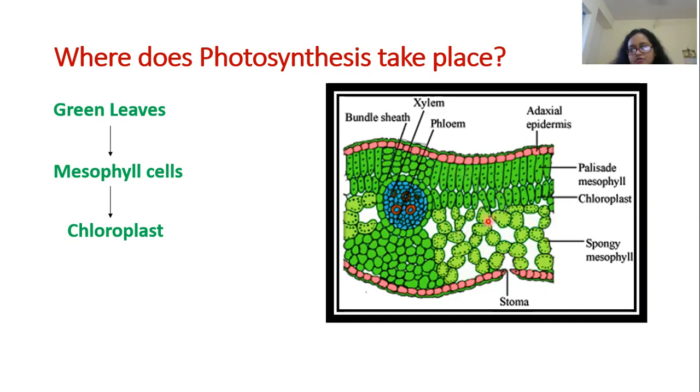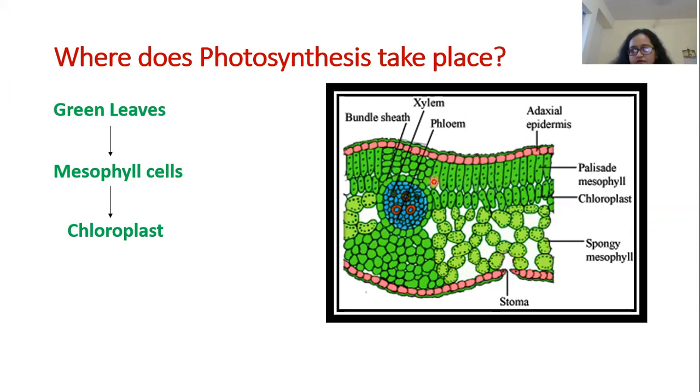In comparison to these palisade mesophyll cells, spongy mesophyll cells are spherical in shape and above the lower epidermis. They do not receive much light intensity, hence photosynthesis does not occur at a higher rate in spongy mesophyll cells. So palisade mesophyll cells with their structure and position have more opportunity for photosynthesis to take place.